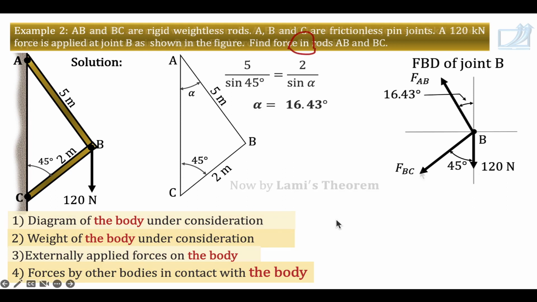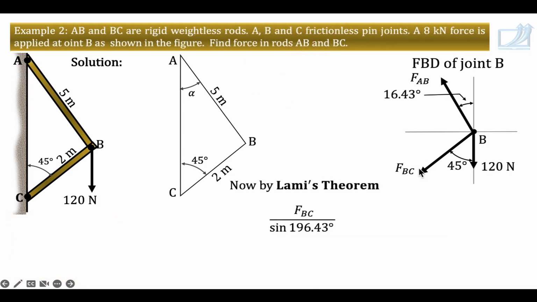Now use Lami's theorem. FBC divided by the opposite angle between the other two forces, so 180 plus 16.43, 196.43, equals 120 divided by the opposite angle between the other two forces. This angle is 90 minus 16.43, this angle is 90 minus 45, so the total angle between the two forces is 118.57.